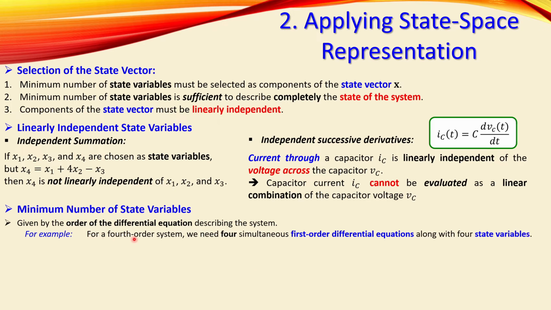For example, as said before, for a fourth order system, we need four simultaneous first order differential equations. This is one of the advantages of using a state space format.